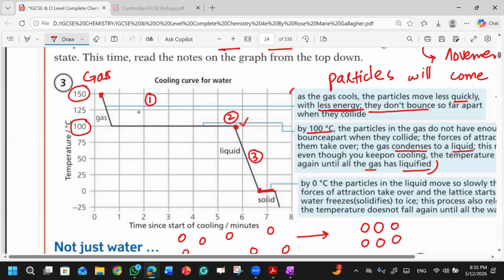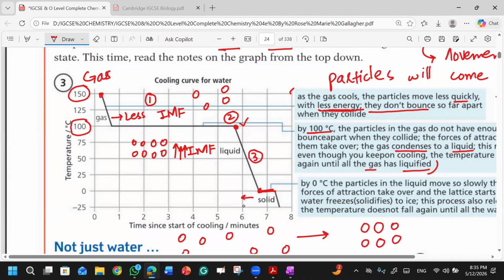In gases there are very weak intermolecular forces, right? Because the gas particles are far apart from each other. But in liquids, they come closer to each other, and the intermolecular forces increase. What happens when you further decrease the temperature of a liquid?